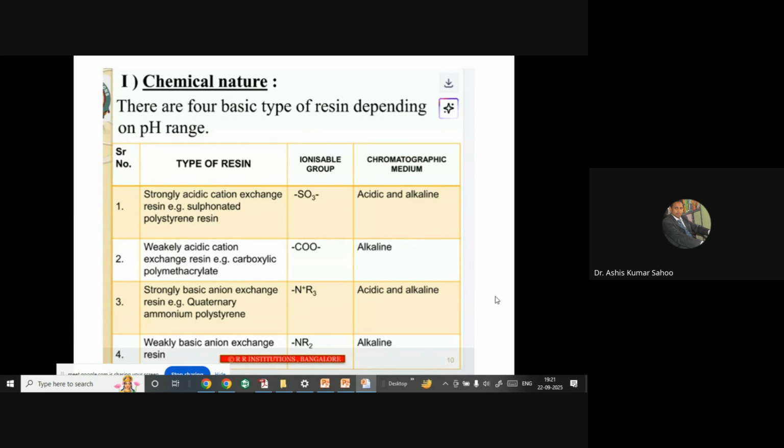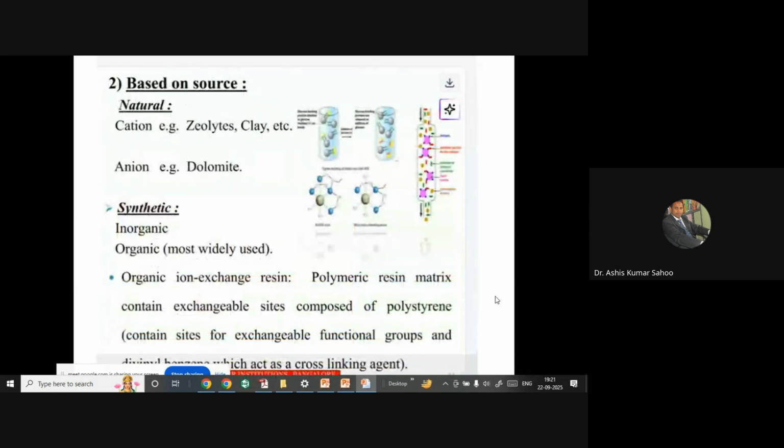Weakly basic anion exchange resins are also available. Based on source, cation exchangers are zeolites, clay, etc. Anion exchangers include dolomite. Mostly, organic ion exchange resins have a polymeric resin matrix with anion exchange sites.